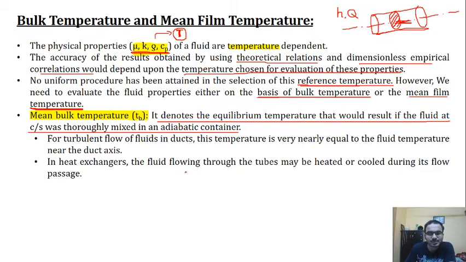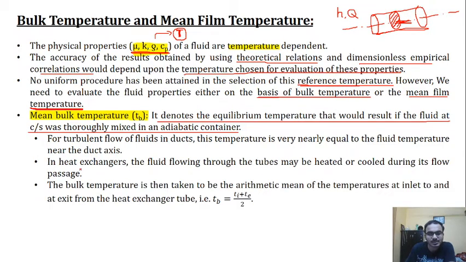In heat exchangers, the fluid flowing through the tubes may be heated or cooled during the flow passage. So here it is a slightly different way: the bulk temperature in a heat exchanger is taken as the arithmetic mean of the temperature at inlet and the temperature at exit of the heat exchanger tube.